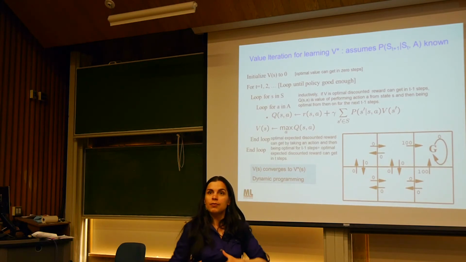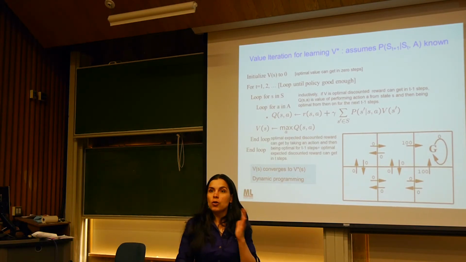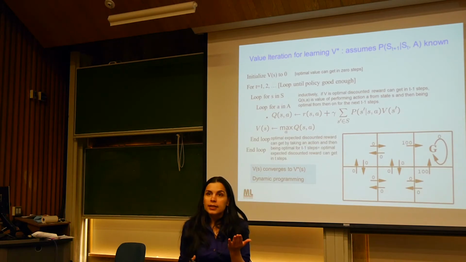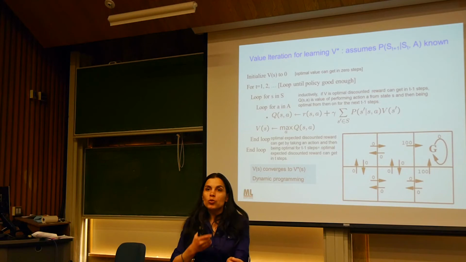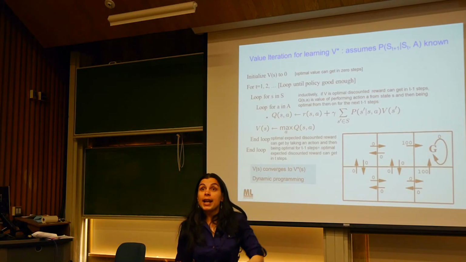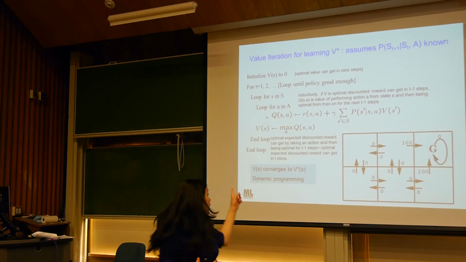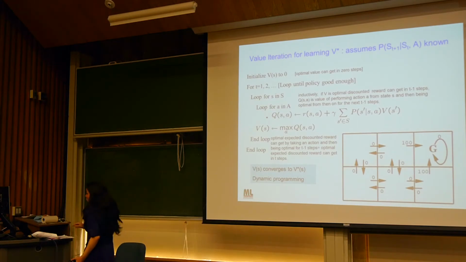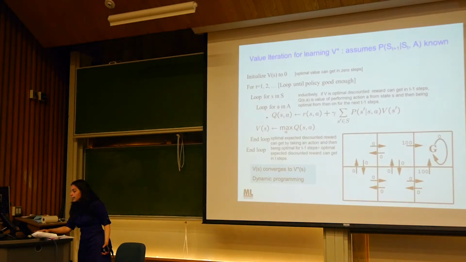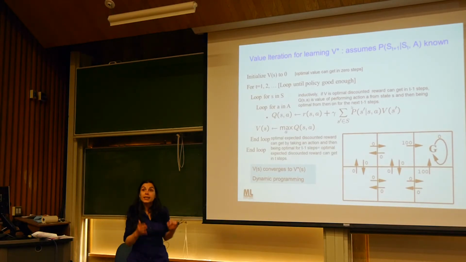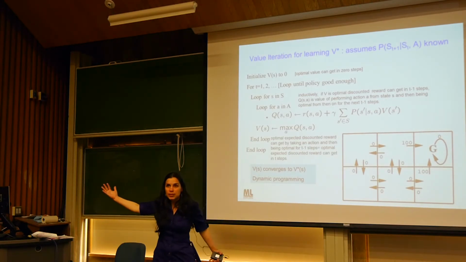So in other words, if for any state S I know the optimal value I can get if I'm allowed to go only t minus 1 time steps, then I can use that information and this update over here to compute the optimal value I can get from a state S if I'm allowed to go t time steps.